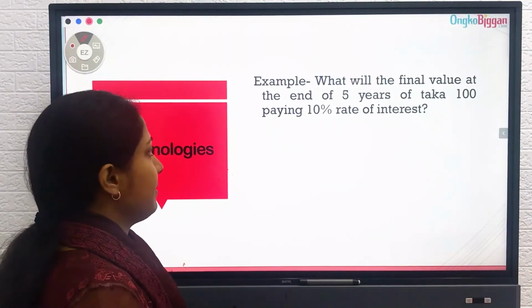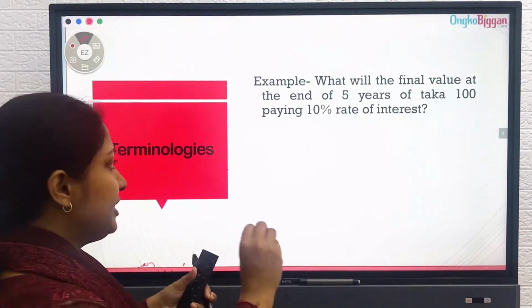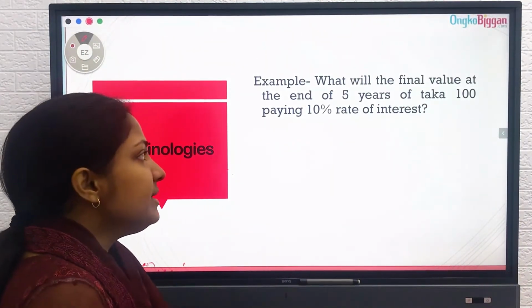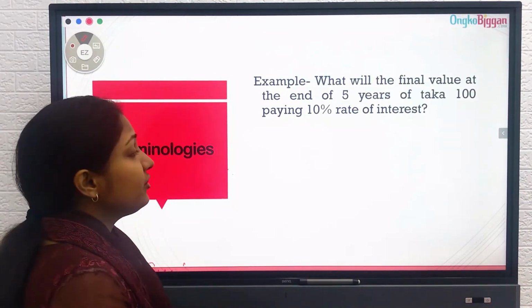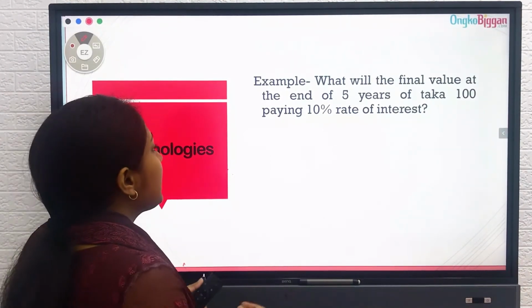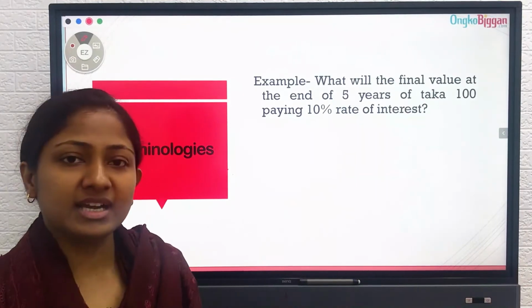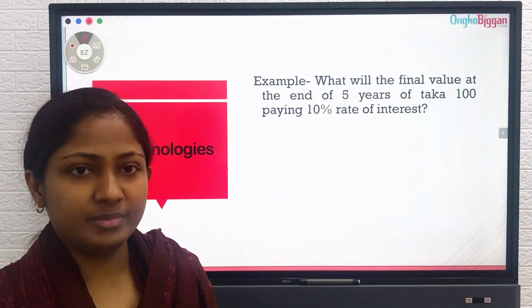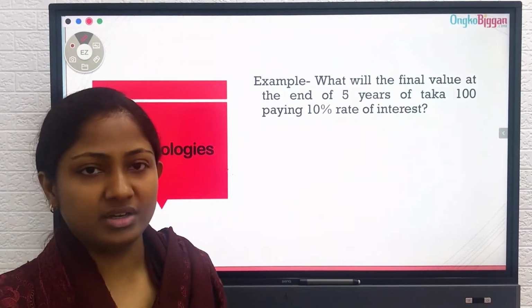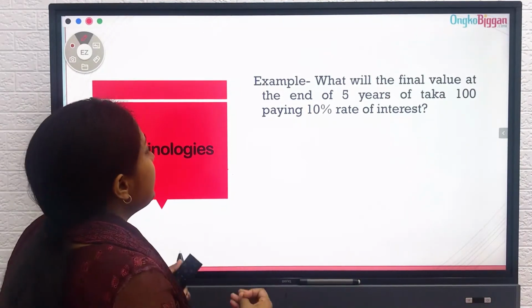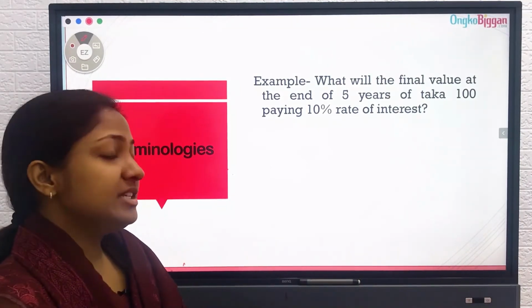So let's take an example. Here, a very simple example. What will be the final value at the end of 5 years of taka 100? Your 100 taka is the present value. It means you have this 100 taka already. Then pay 10% interest rate.